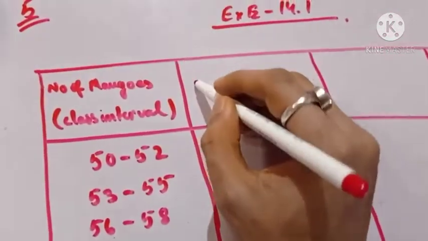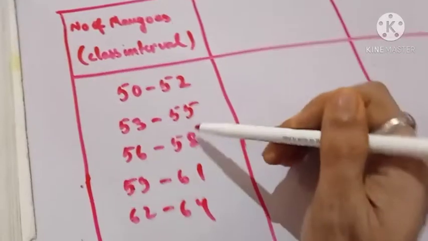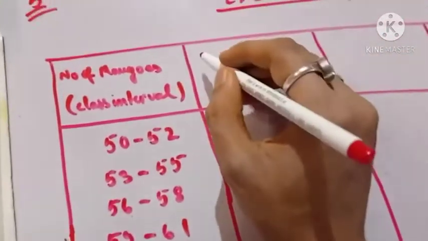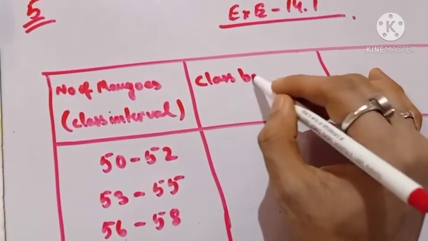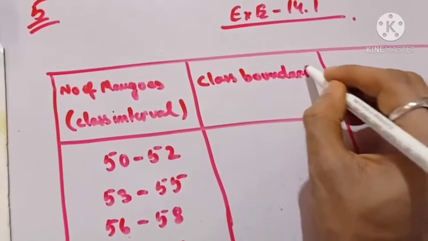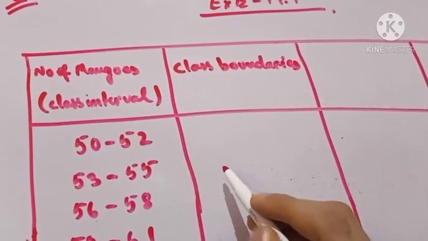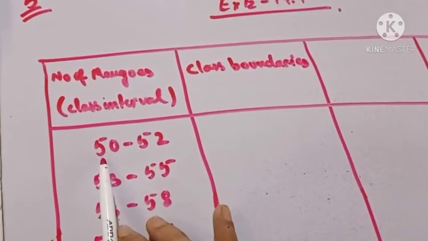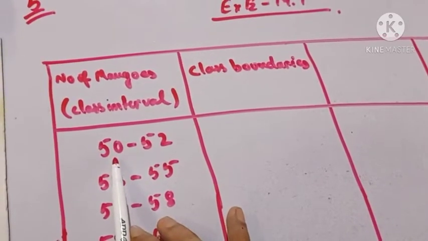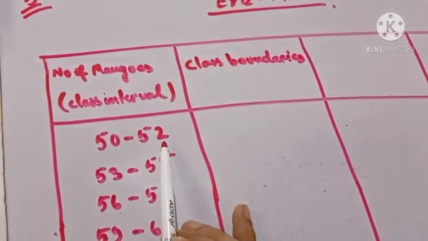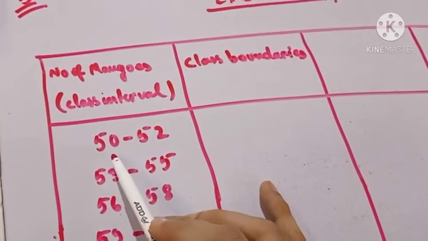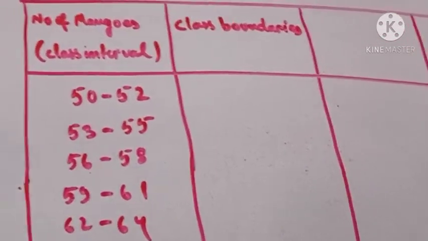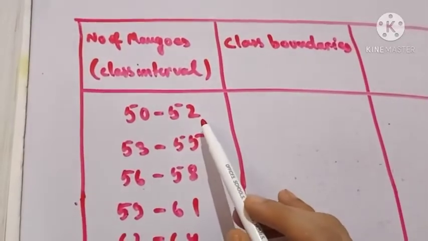As the class intervals are not continuous, I will write class boundaries. From the lower limit I will subtract 0.5, and to the upper limit I will add 0.5.